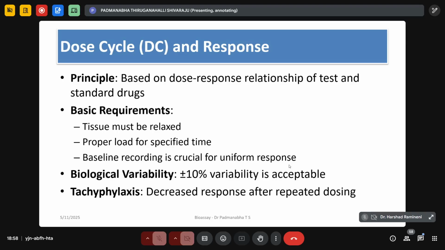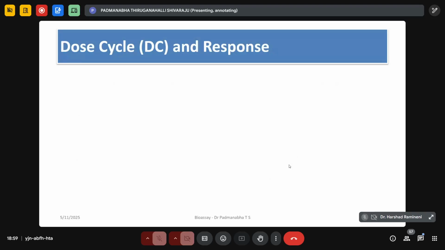What happens is there can be down regulation of the receptor, or tissue sensitivity will go down, so that the unknown drug may not respond as well, when we keep administering the unknown compound in quick succession.